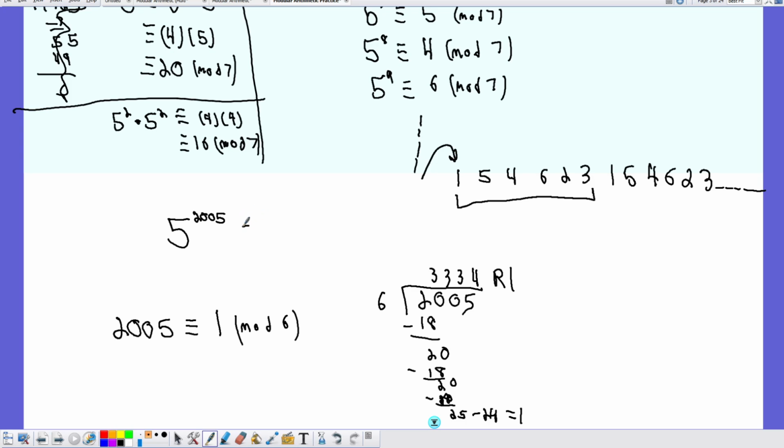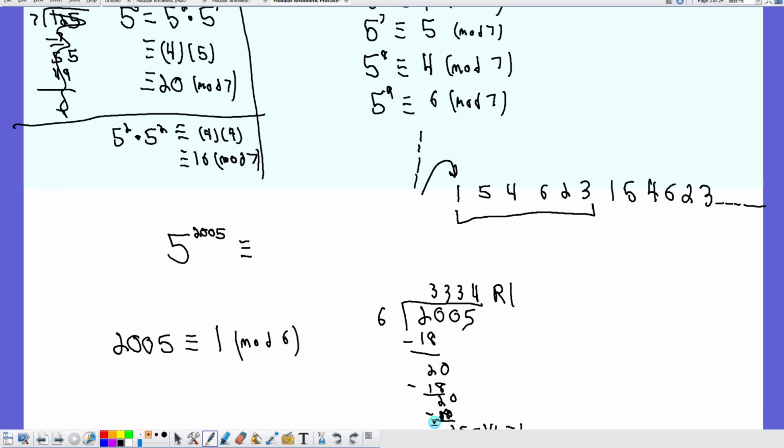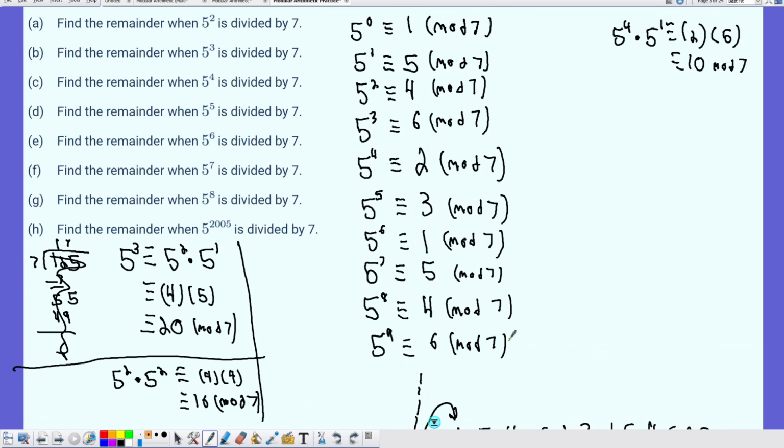what we have is that 5 to the 2005th power. Actually, let me write it. I get all jumbled up. Let me write it up here, where all the rest of the work is.